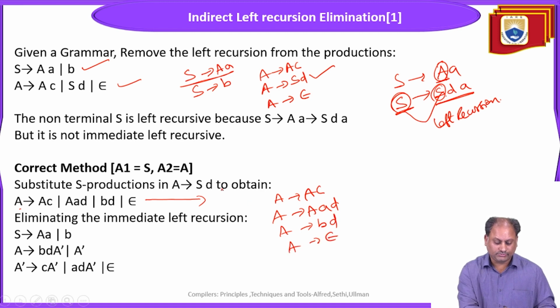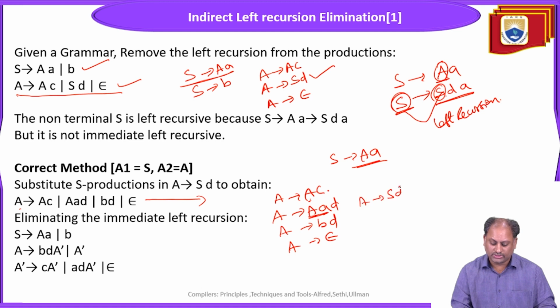So here, after taking the first and second rules, we substitute for S in A, and A derives S d. Here S once again contains A a, so we applied that, and this indicates that A derives A a d.